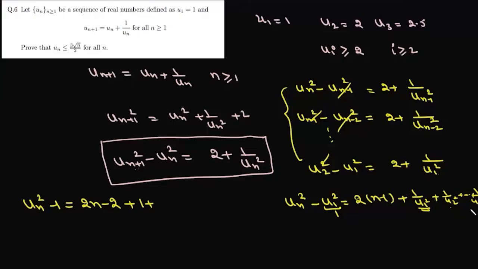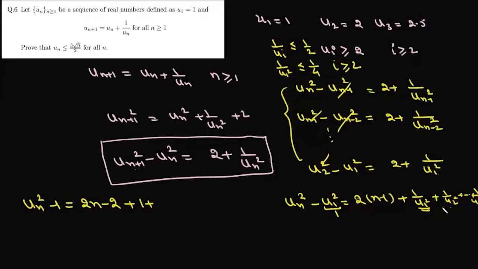we know that any ui is greater than 2 when i is greater than or equal to 2. So 1 upon ui will be less than or equal to 1 upon 2, or 1 upon ui square will be less than or equal to 1 by 4 for any i greater than or equal to 2.